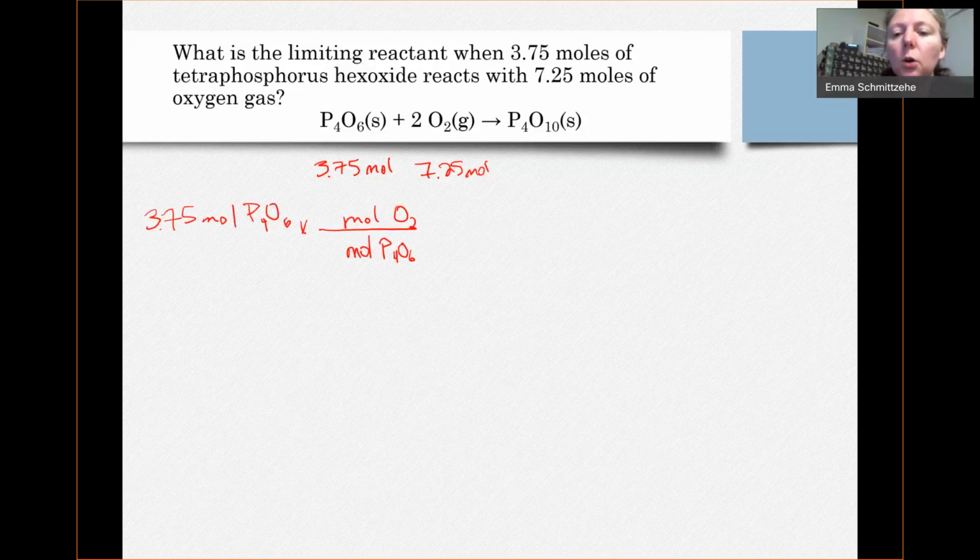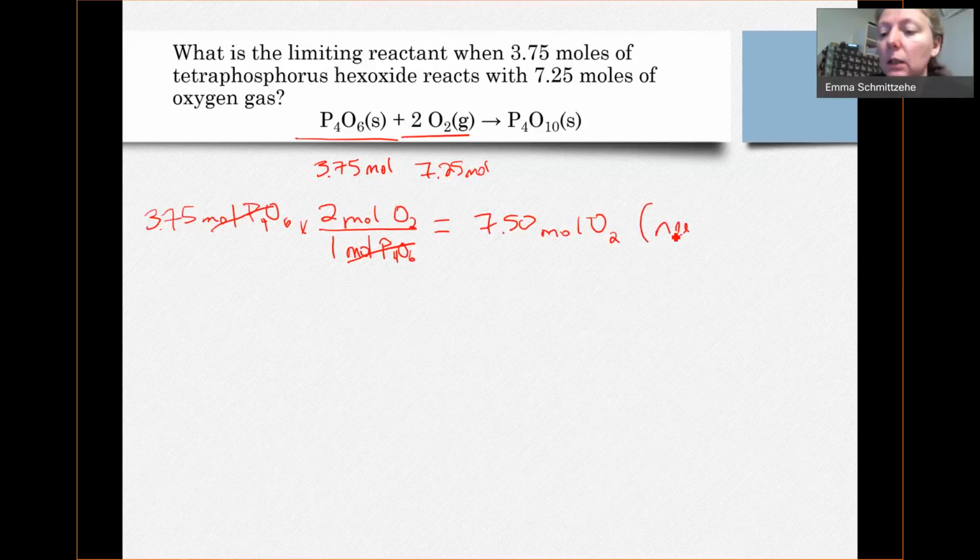O2 has a coefficient of 2, so I put 2 in the mole ratio, and P4O6 is 1. So that cancels the P4O6. If I take 3.75 and multiply by 2, what do we get? It should be 7.50, and that's moles of O2. This is what is needed.